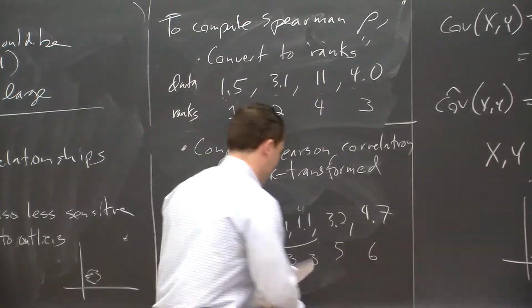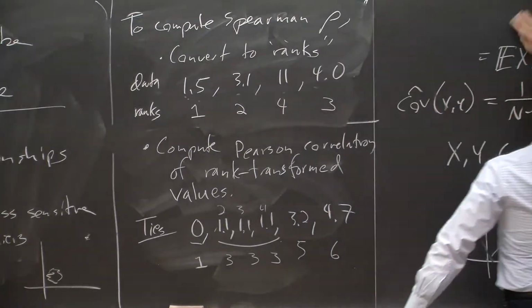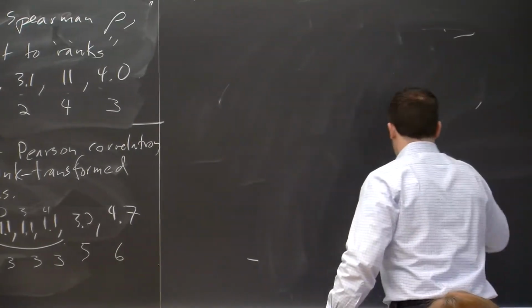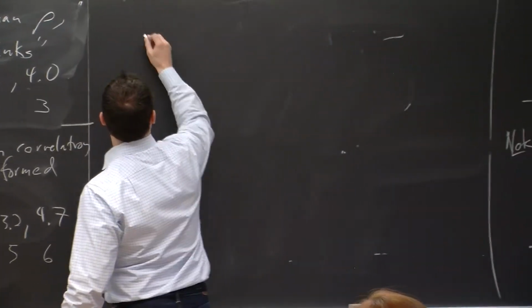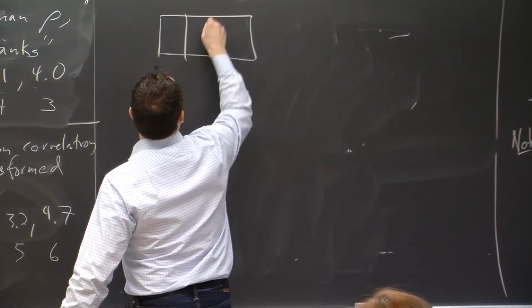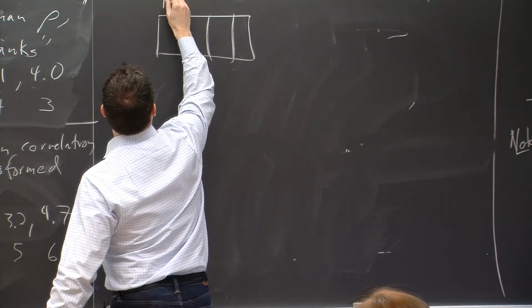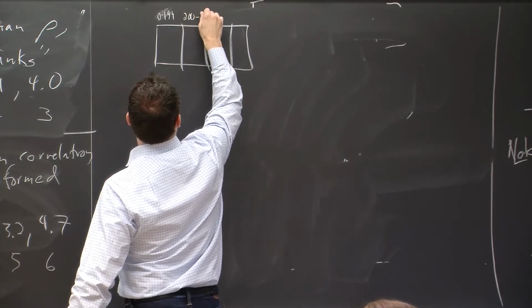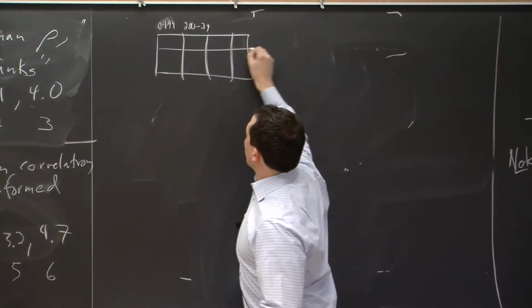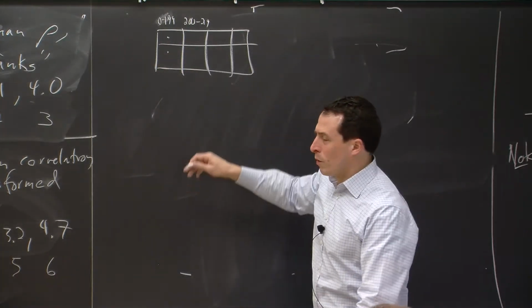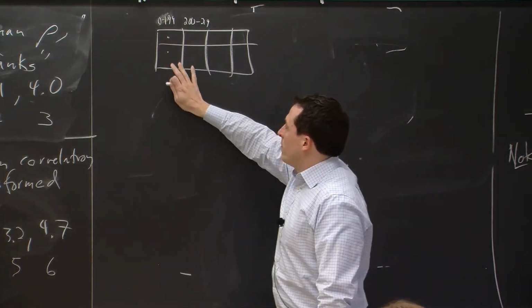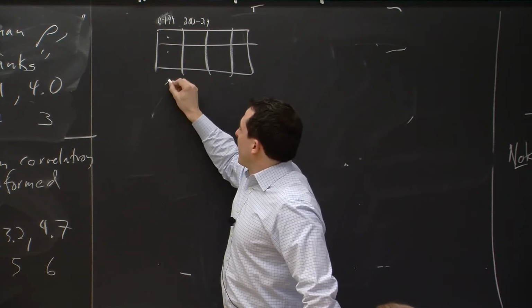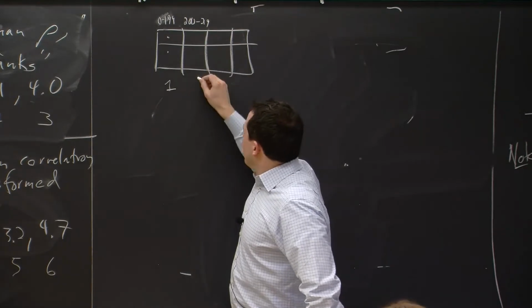So implicitly, when we have a table like the cholesterol table, with some quantities up here, 0 to 199, 200 to 219, and some counts here, what we're saying is that everyone in this column, although they had some true value, we're treating as though it was all the same rank, and that rank is 1, and so on.